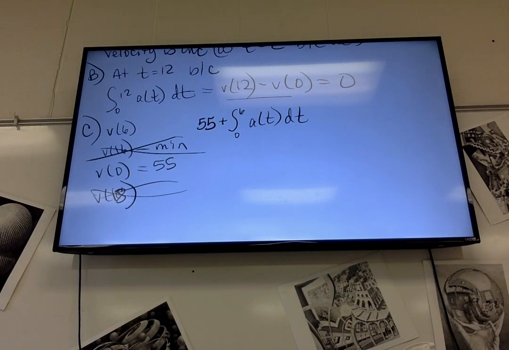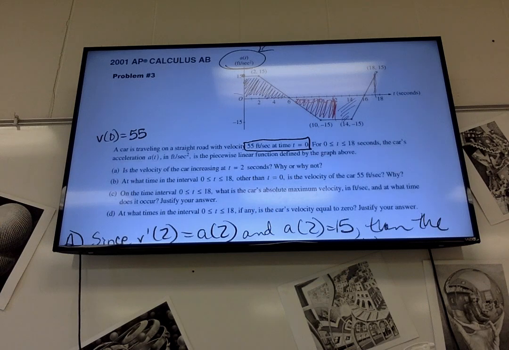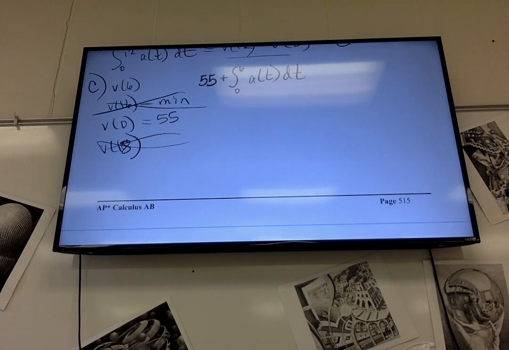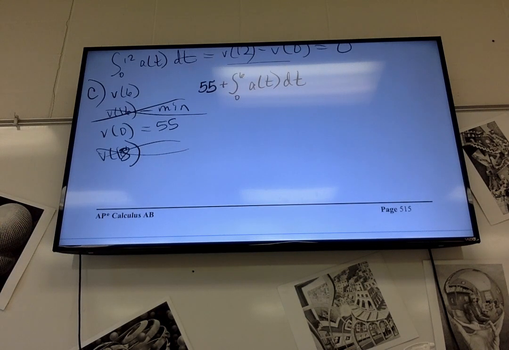So 0 to 6 of a of t, I can look at my little picture and find that area. It's a trapezoid. So the area is 1/2 times the height, which is 15, times 6 plus 2.